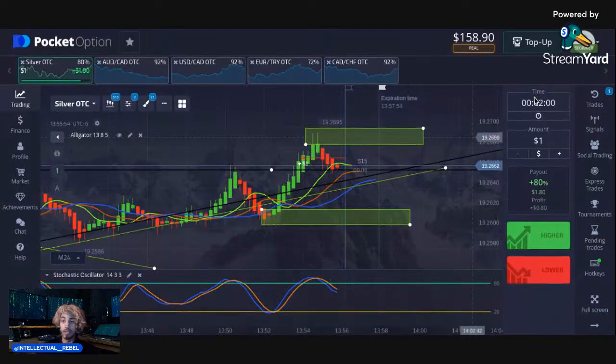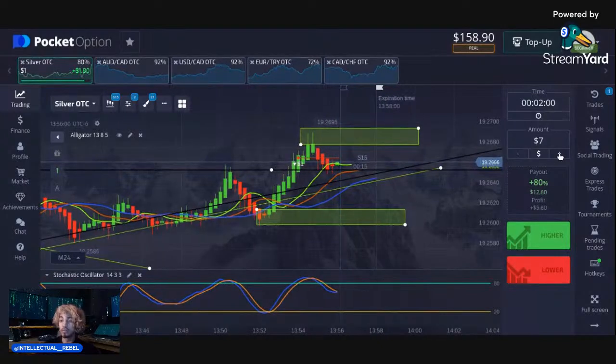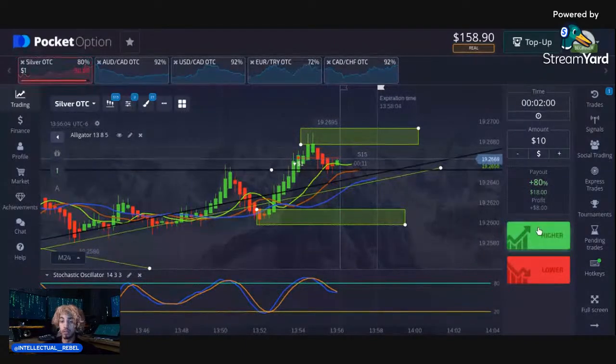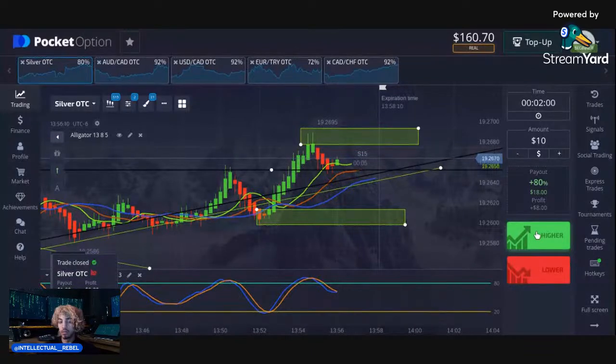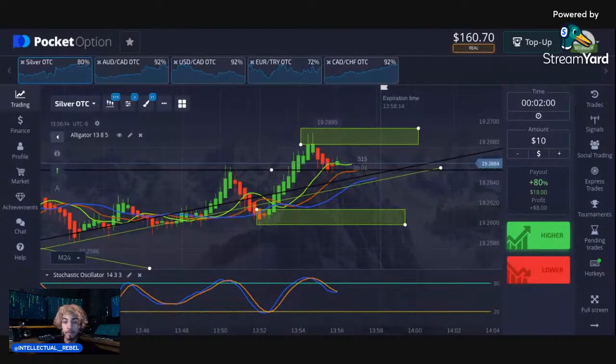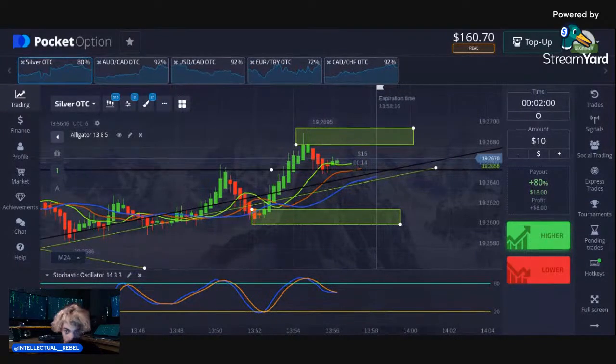So if it hits that, I probably would want to do a 2-minute trade. I'm gonna do a $10 one going up. I'm gonna let it hit that support line.